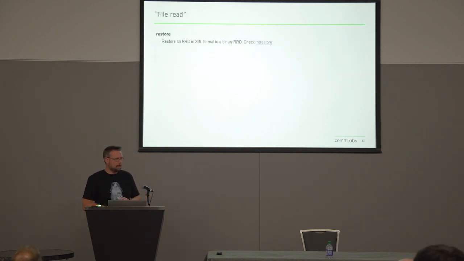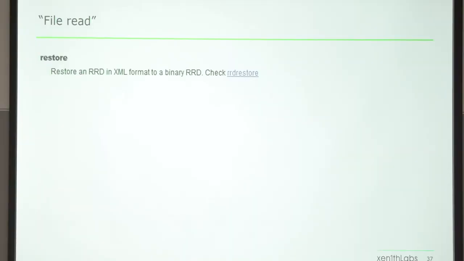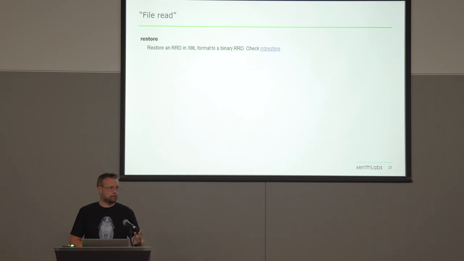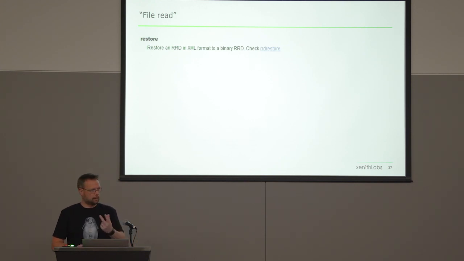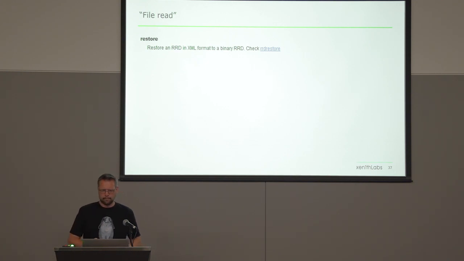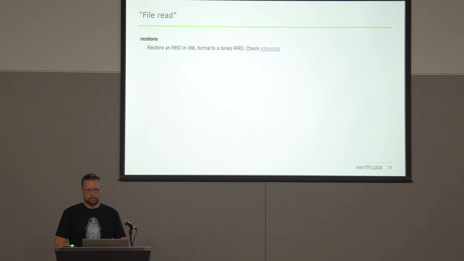File read, I have that in quotes because what happens is you give it a restore function. So you say restore, space, source file, which is supposed to be an XML file, and then output file. If you give it /etc/passwd, it'll read /etc/passwd, then complain that there's no XML in the first line of /etc/passwd, and it'll spit the first line back to you. So you don't get the full file information.